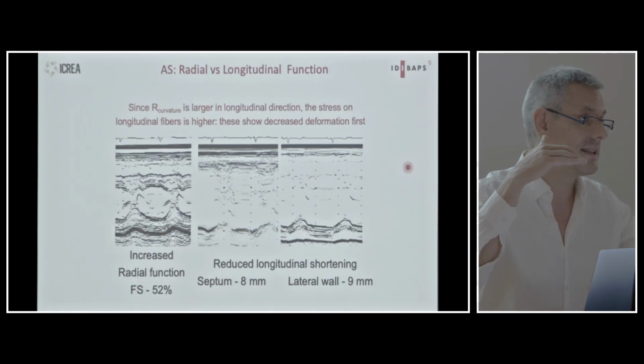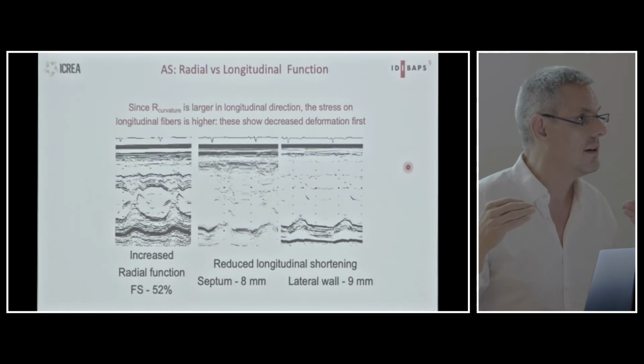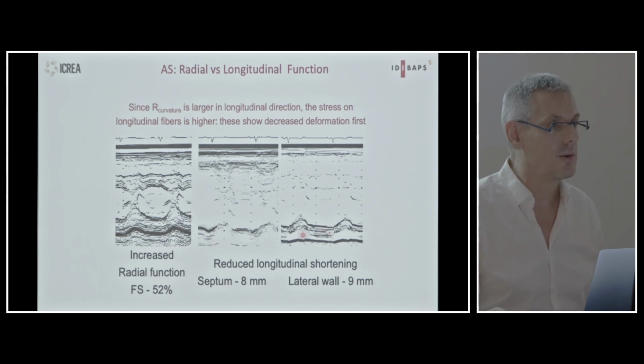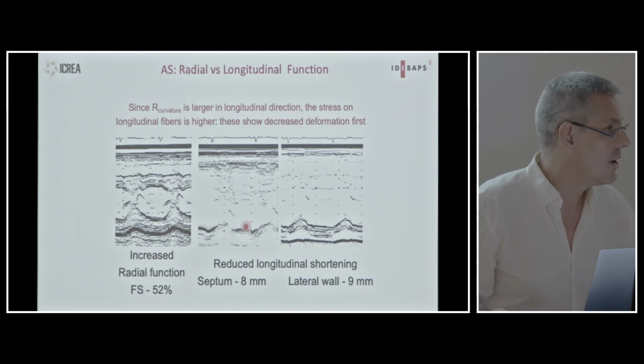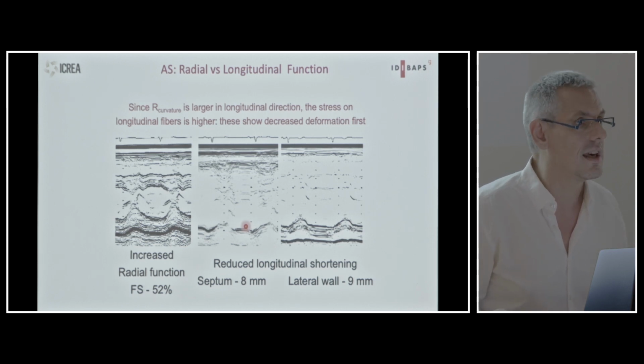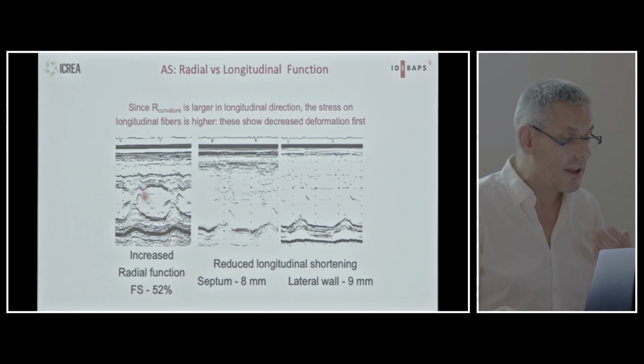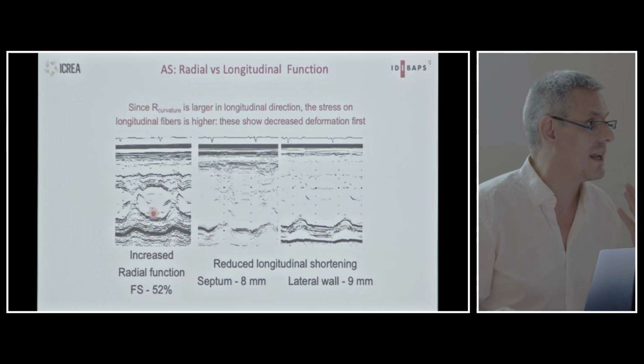And of course, that translates, as we said before, into longitudinal dysfunction. So you clearly see in this case reduced longitudinal function, measured with M mode, which, as I said before, is as good as GLS in most cases, as good as MRI 3D. And you see here that it's actually compensated with radial function.